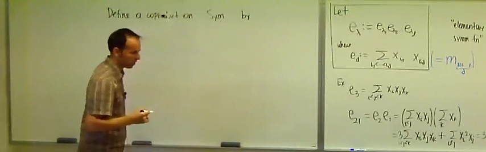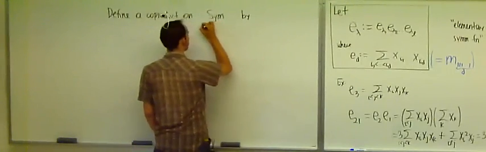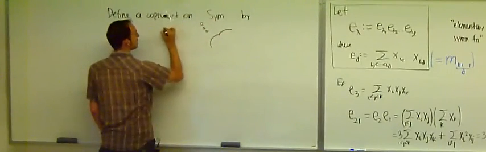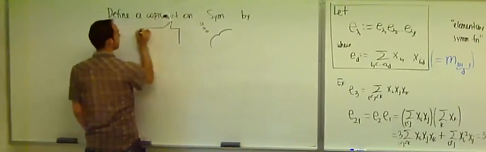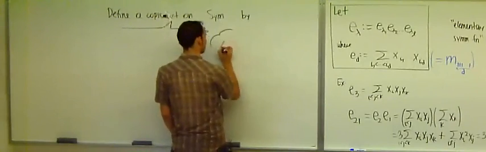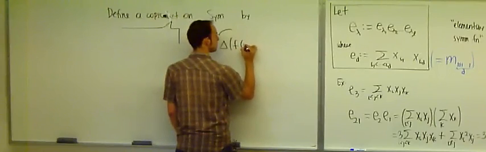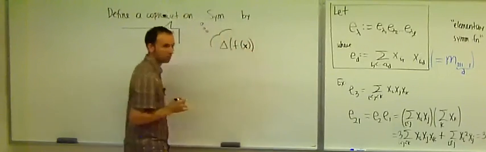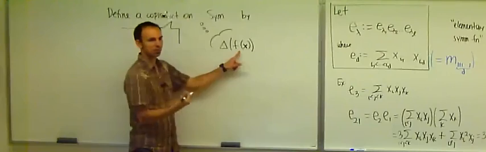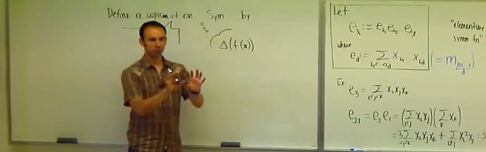Okay? And the usual thing, I'm actually going to do two things. I'm going to think something, and I'm going to say something different. Okay? So what I'm going to think is that the coproduct of a function, so this is a symmetric function in infinitely many variables, I'm just going to plug in two different alphabets.